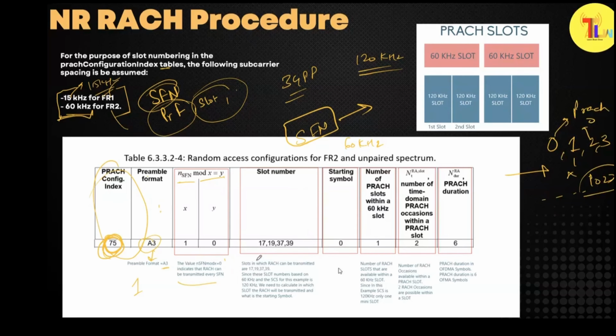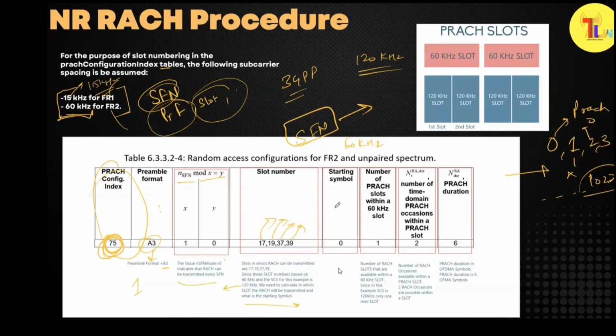Then the slot number, in which slot I'll be able to send out the PRACH occasion. According to 60 kilohertz, we'll be able to send it in slots 17, 19, 37 and 39. Slots in which RACH can be transmitted are 17, 19, 37 and 39. Since these slot numbers are based on 60 kilohertz and the subcarrier spacing for this example is 120 kilohertz, we need to calculate in which slot RACH will transmit and what the starting symbol is.